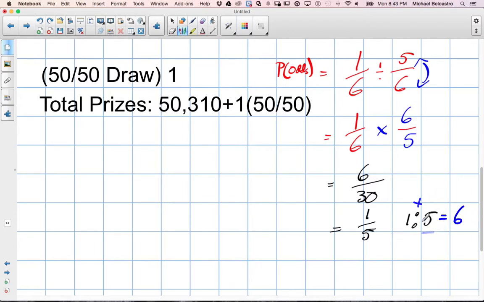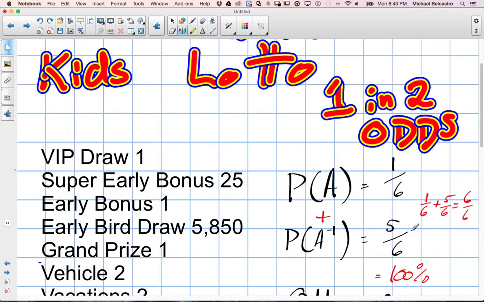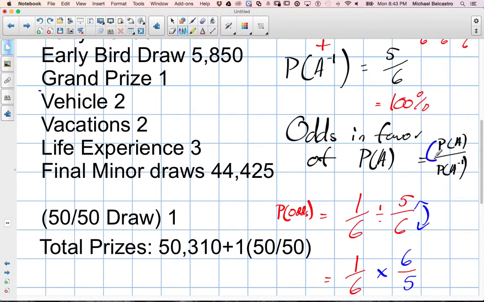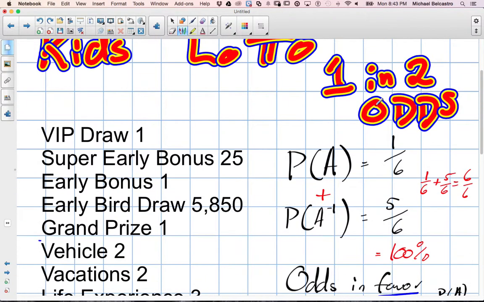So with that being said, for our odds in favor of winning a ticket here, you can also say odds against, and that would just invert this concept: the event not happening over happening. It's against, the opposite word of in favor. But Sick Kid's Lottery, 1 in 2 odds, really means there are kind of 3 outcomes.